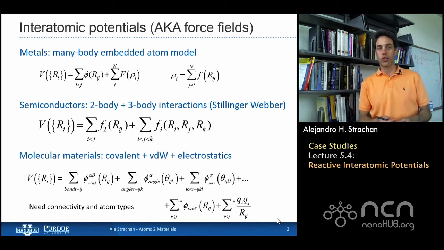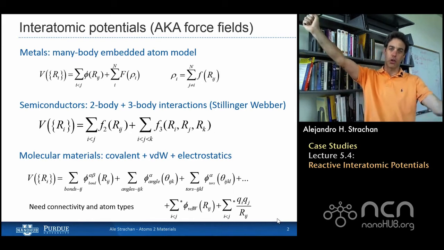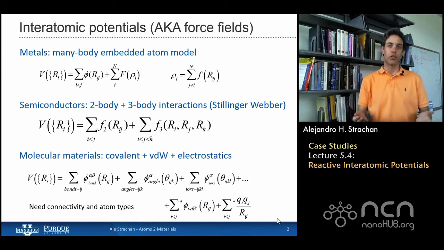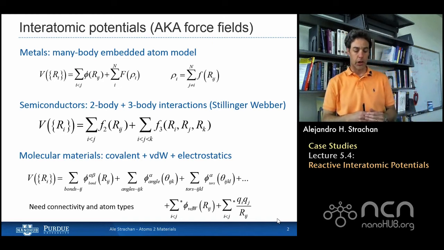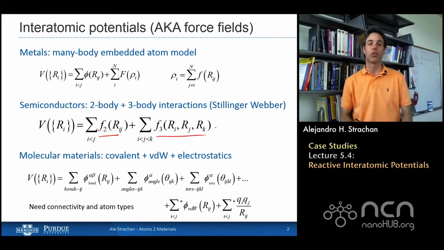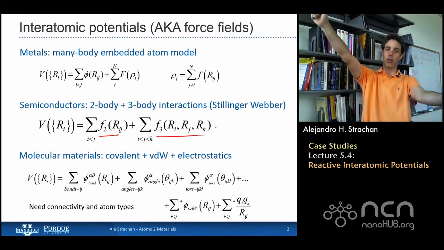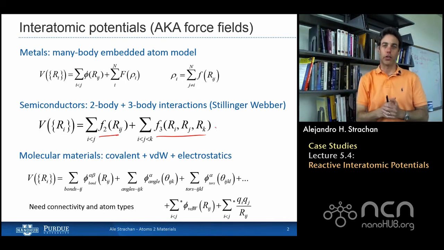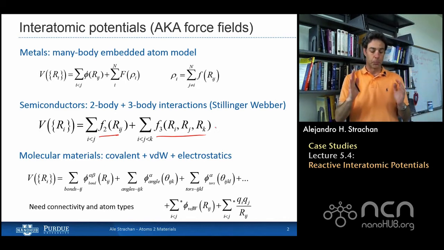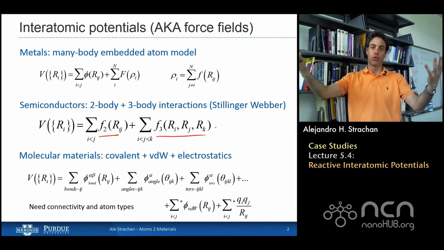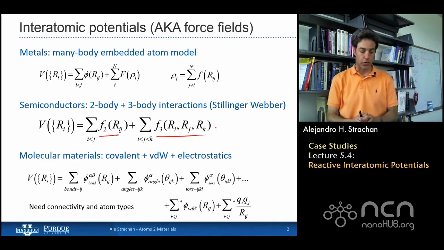We also talked about potentials for semiconductors, where the bonding is more covalent and directional. There we talked about the Stillinger-Weber potential as an example, and we saw that for Stillinger-Weber I needed to have 2-body and 3-body terms. And the 3-body terms, these angular terms, make sure that we keep the bond angles at the values that we'd like to have, and avoid open structures like diamond from collapsing into close-packed structures.